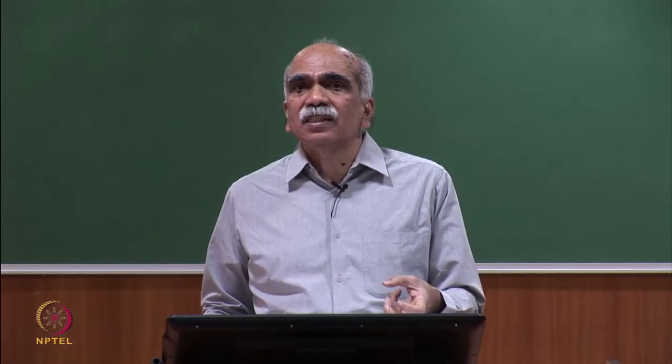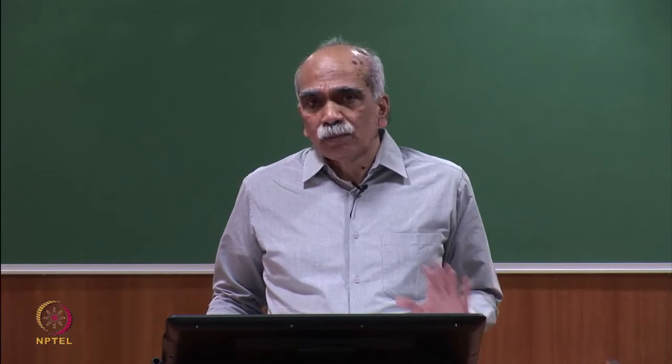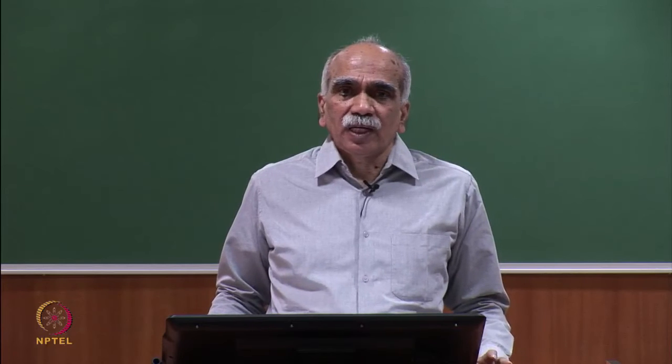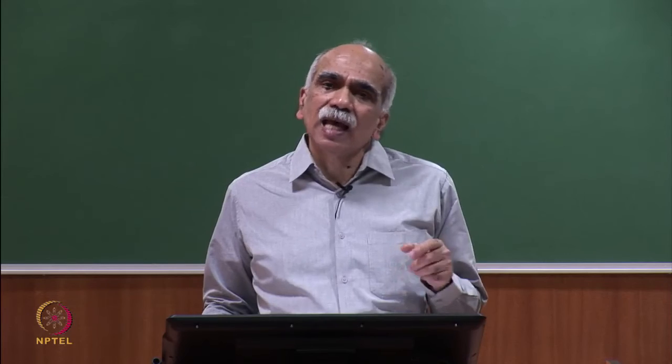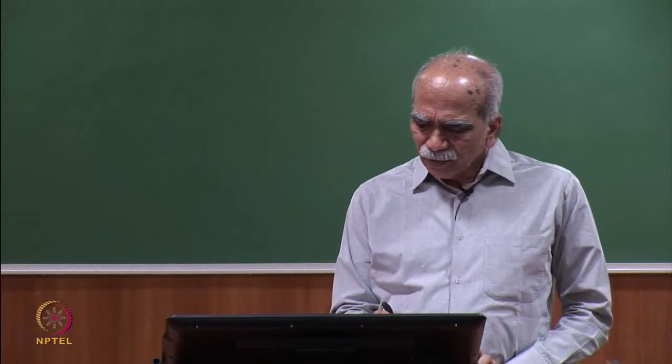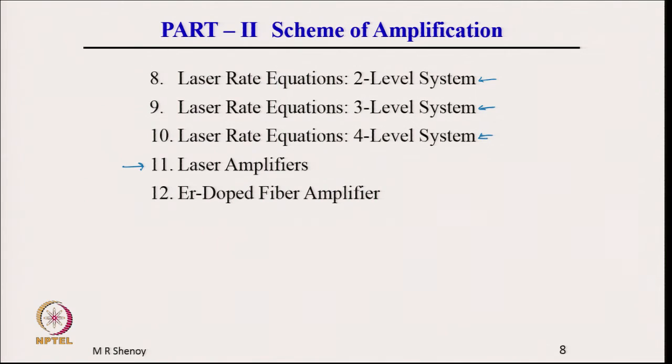This is what we discussed in this part on schemes of amplification. What is a suitable scheme to achieve population inversion and hence amplification? Then I picked up laser amplifiers as an example and discussed the Nd:YAG laser amplifier and the erbium doped fiber amplifier. This is a very important device in optical fiber communication, widely used, and therefore, I specifically took this and we discussed erbium doped fiber amplifiers.